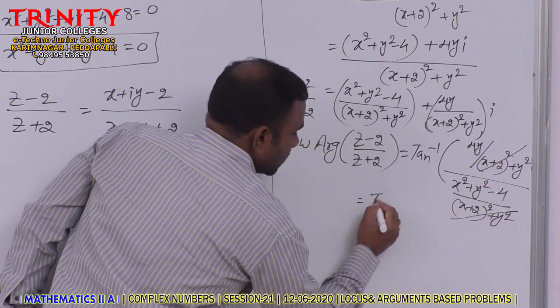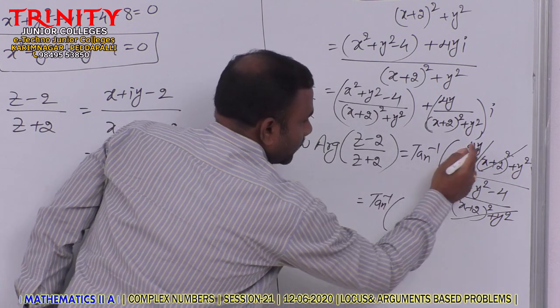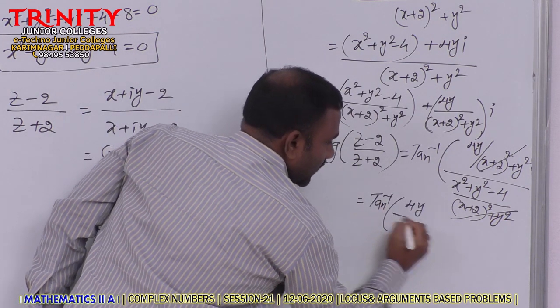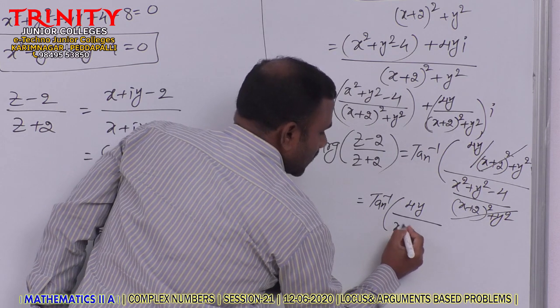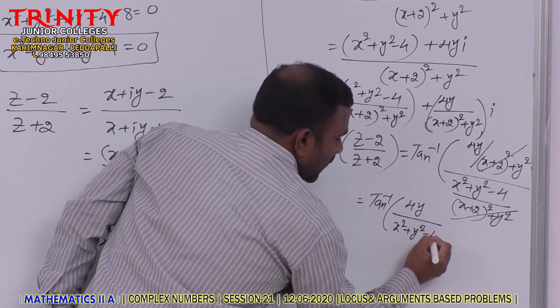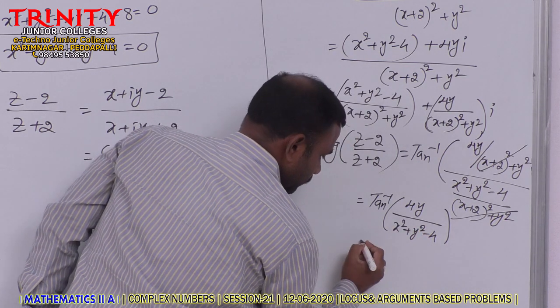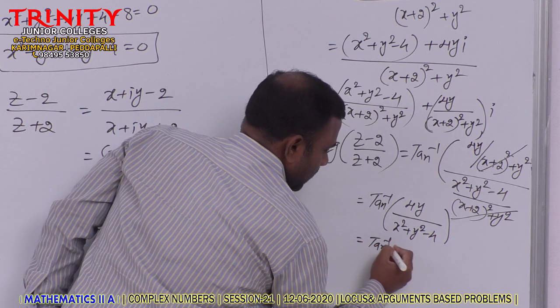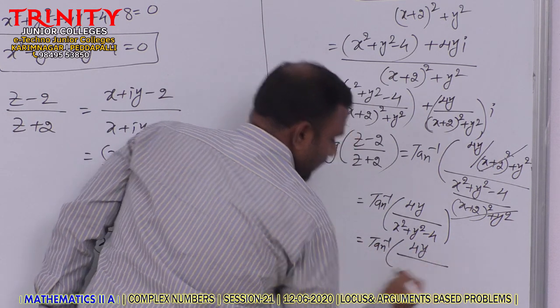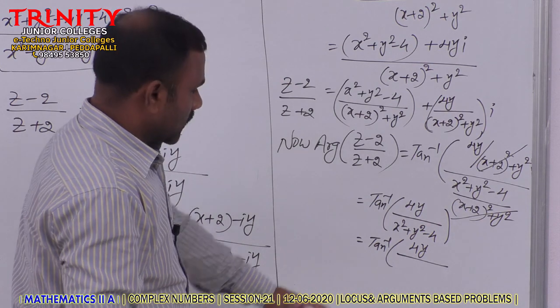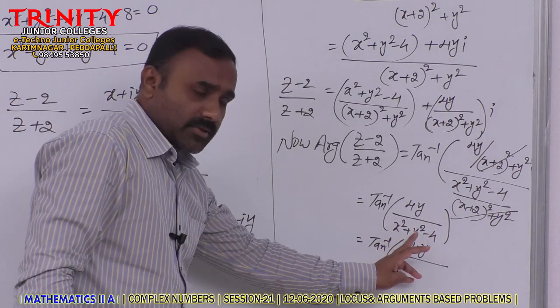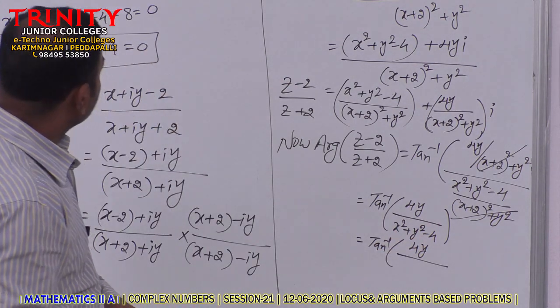Now this is tan inverse of 4y divided by (x square plus y square minus 4).